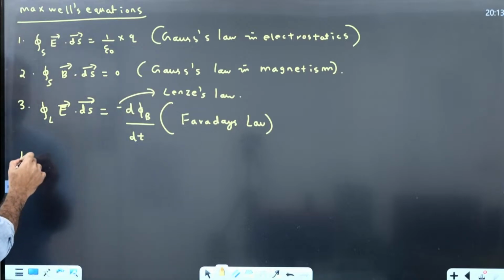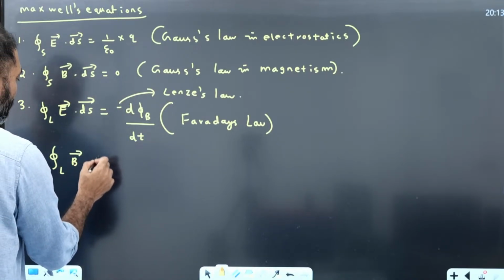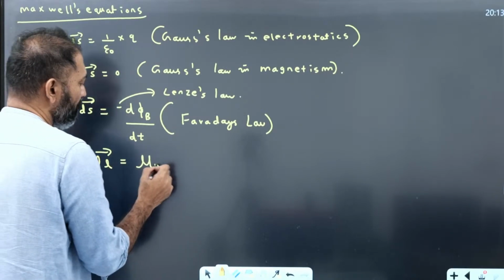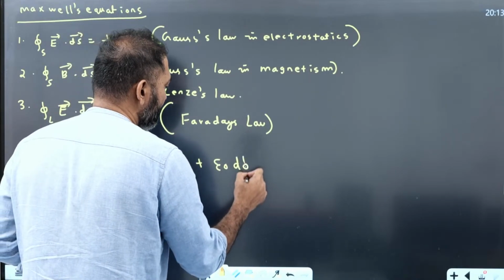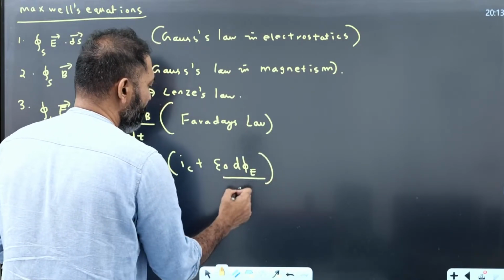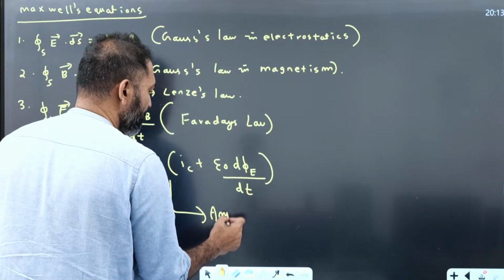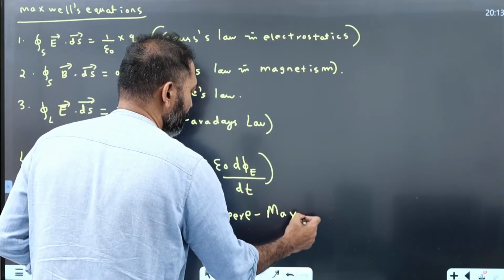And the fourth Maxwell equation, integral over L B vector dot dl vector is equal to mu 0 into I_C plus epsilon 0 d phi by dt. What is this equation? It is actually the Ampere-Maxwell law. Still it is called what? Fourth Maxwell equation.